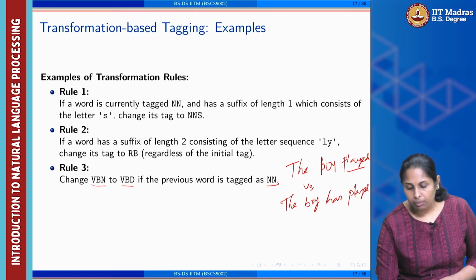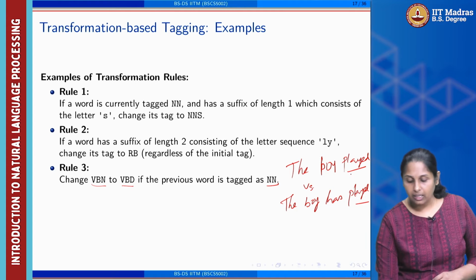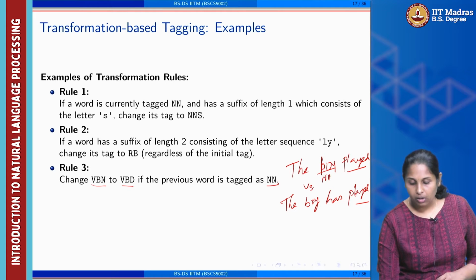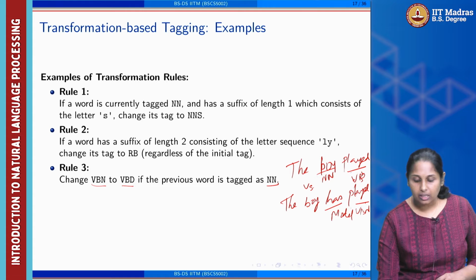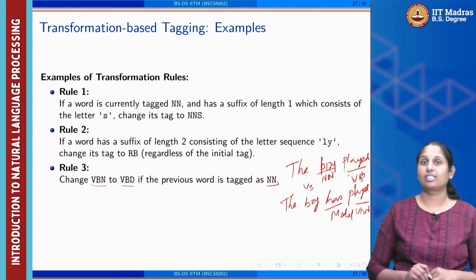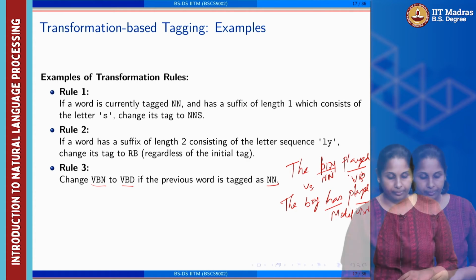So now both can be played, but in this context it is preceded by a noun, whereas here it is preceded by a modal verb. So now this is a VBN, whereas this played is a VBD. So VBD is selected because the previous word is tagged as NN.